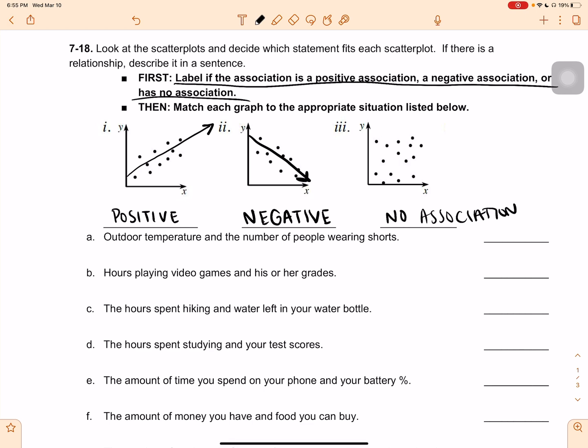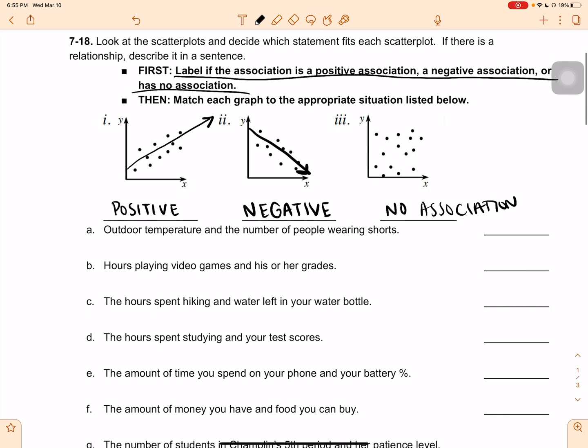Okay. Now for part A, we have to determine the association between the outdoor temperature and the number of people wearing shorts. The other one was the number of people wearing jackets. So normally whenever we wear shorts, that means it's warmer outside. So if we're looking at an XY axis here, the temperature would be on the x-axis and the number of people wearing shorts is on the y-axis.